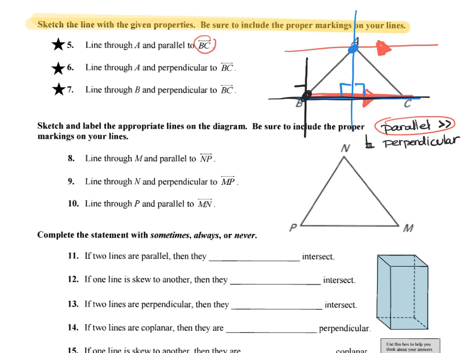And to show that it's 90 degrees, we put our little box in the corner. So there's our 90 degrees, perpendicular through BC and B. We have all the markings that we need. So it's not about just drawing the lines. You have to include arrows and boxes.